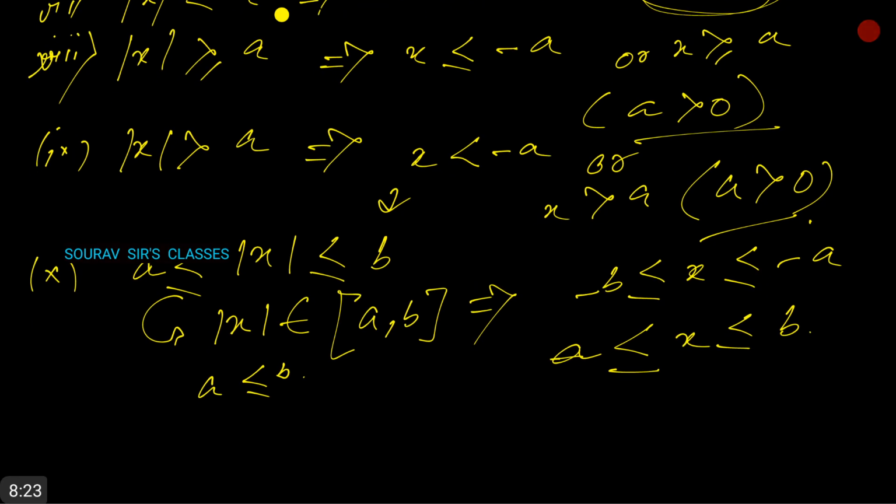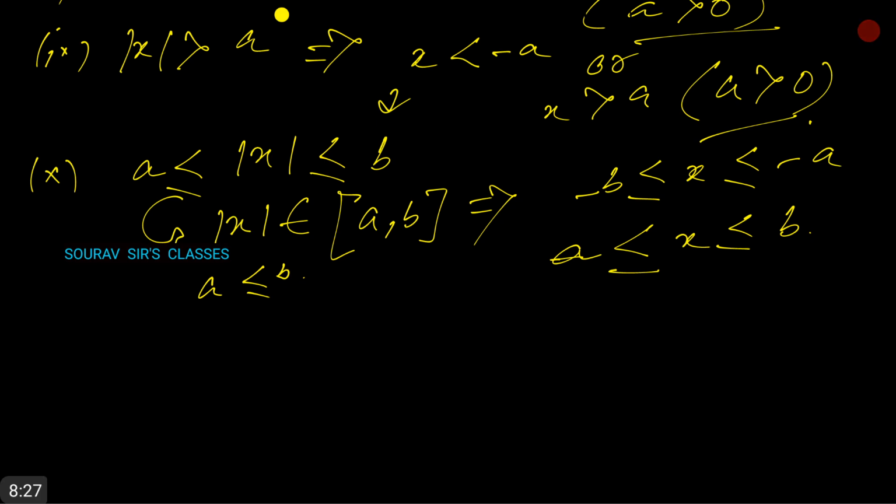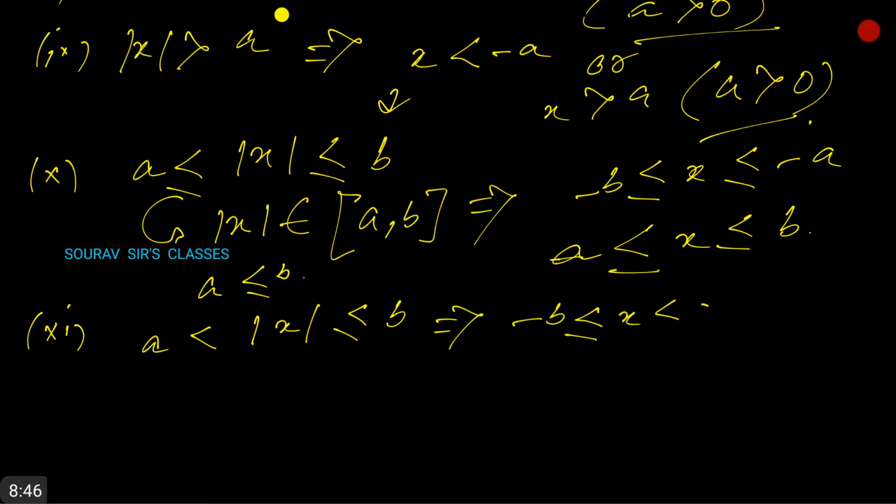Right, moving on, we see that if a is less than x less than b, this implies minus b less than x less than minus a, and a less than x less than b.